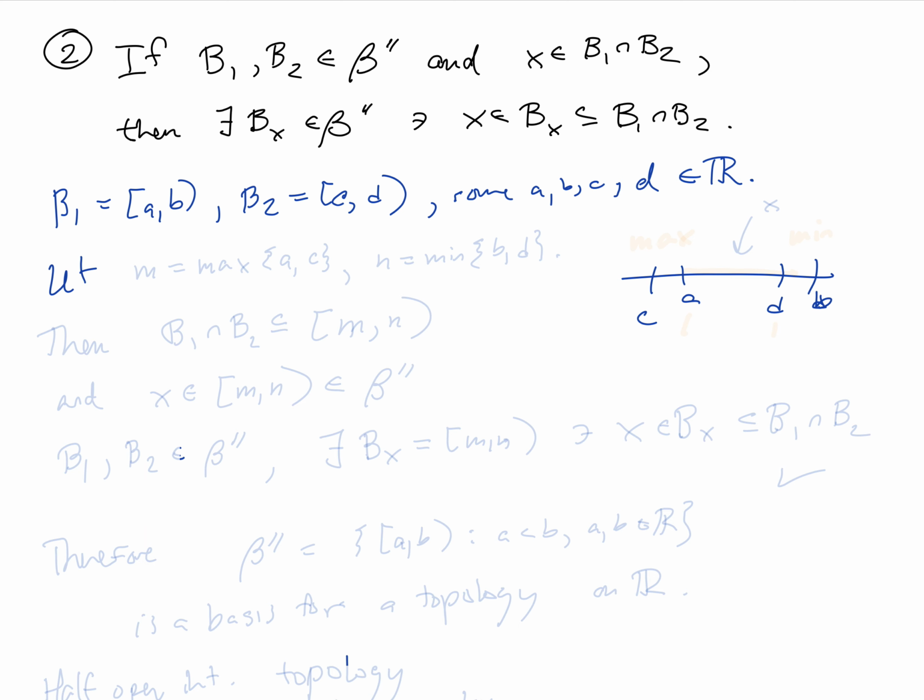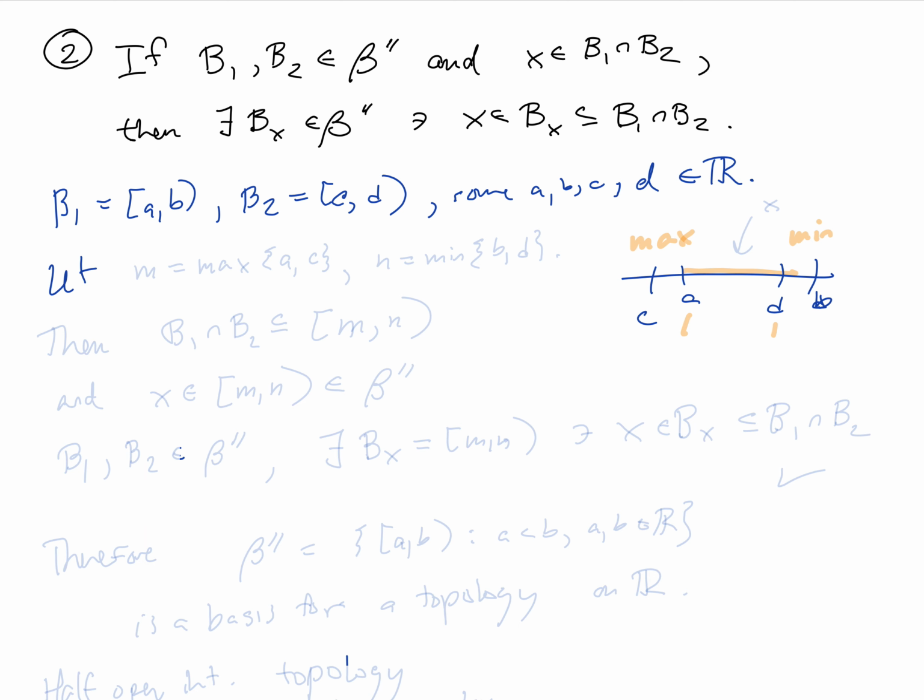And so we want to find the intersection of these. For the intersection, we could take the maximum of the two lower limits and the minimum of the two upper limits, and then whatever that max and min are, the smaller interval is going to be a subset of the other two.